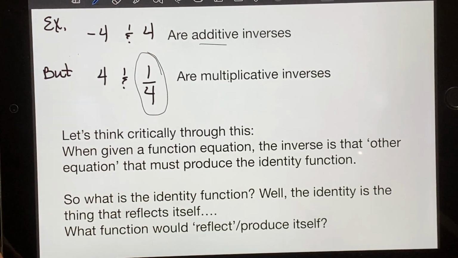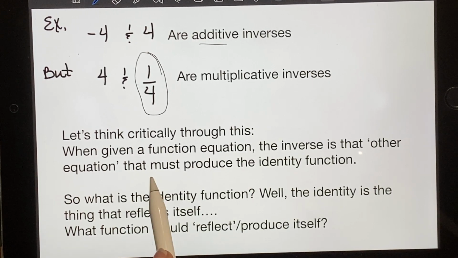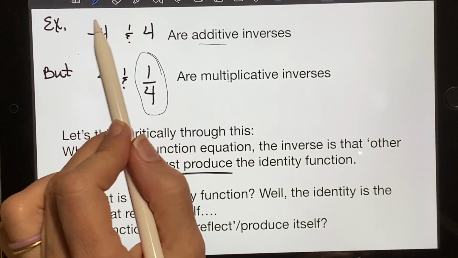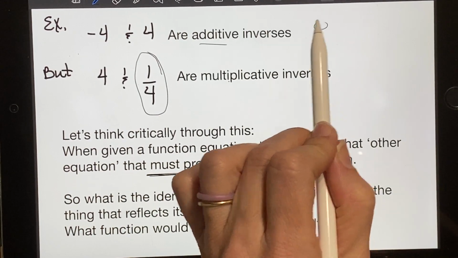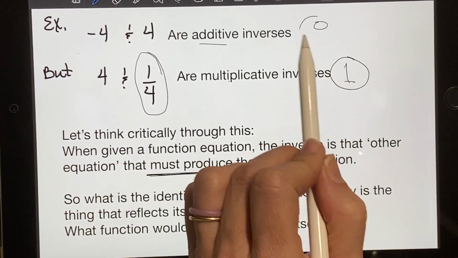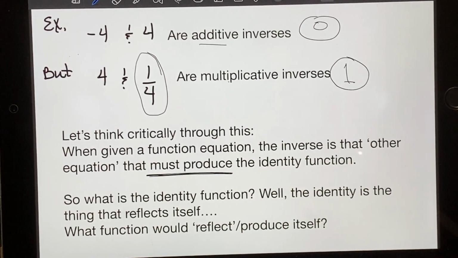Okay, so if I have a function, my inverse is some other equation that must produce the identity. It must produce it. That is the whole key on which this lands, is that when I add these together, I got 0. When I multiplied these together, I got 1. It must produce the identity.